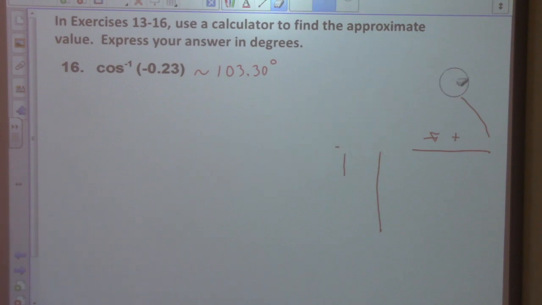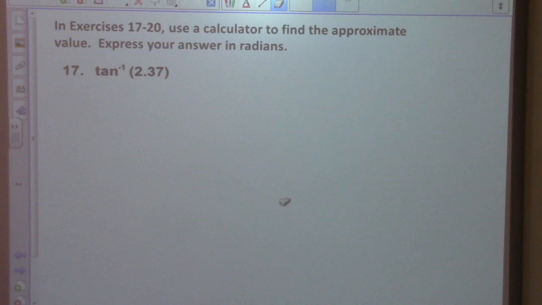And that brings us to the next piece of this exercise set, which is really the same thing, except you're answering in radians instead of degrees. So this is one where you get to change your calculator setting, right?